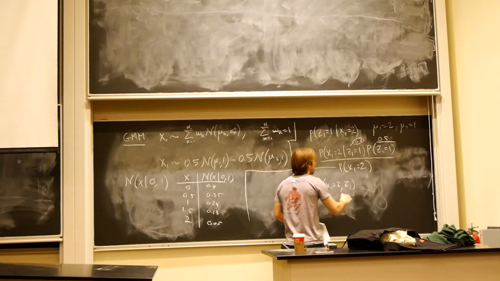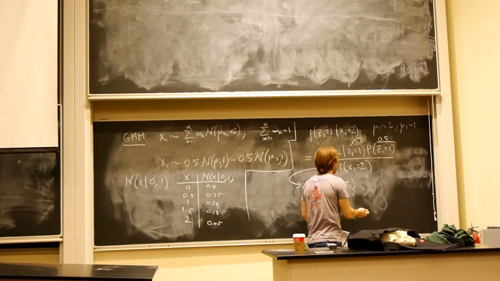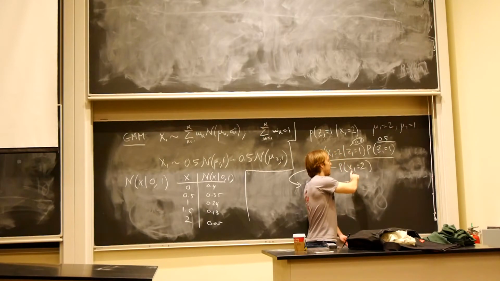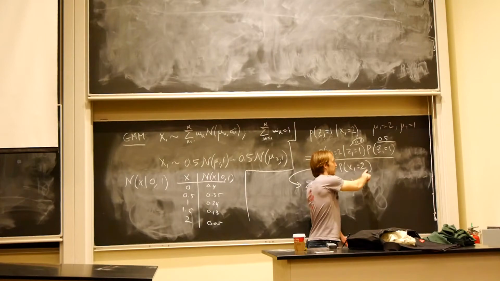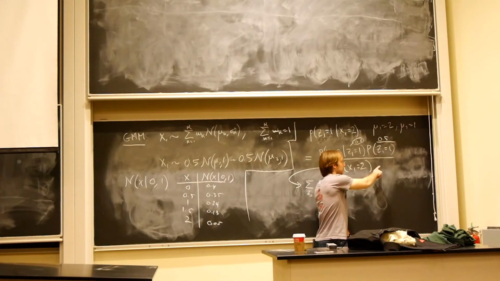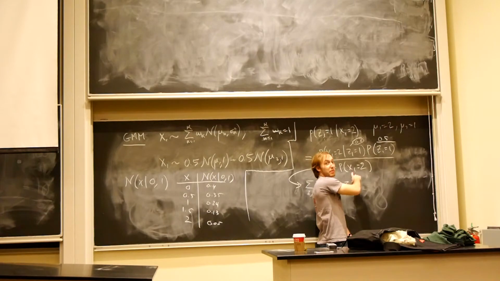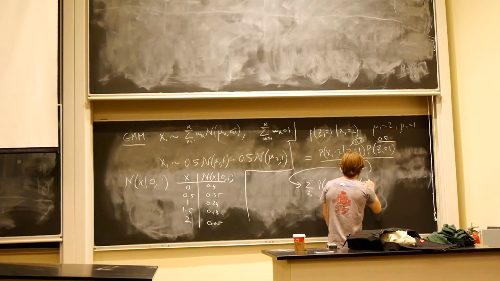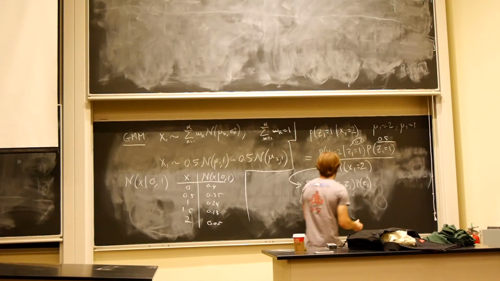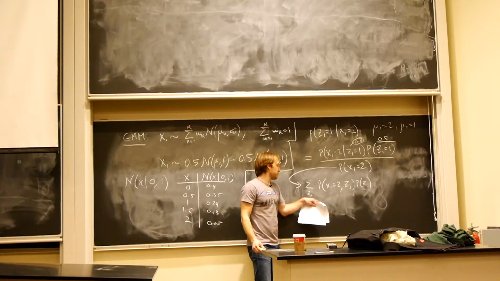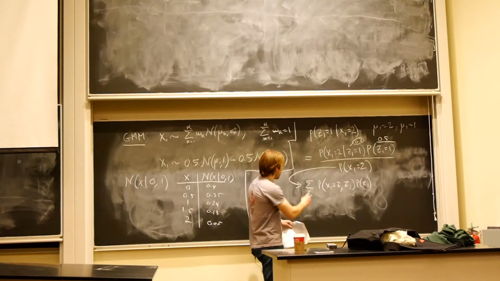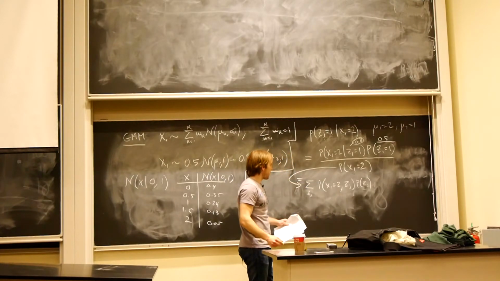Essentially, it's the probability that x1 equals 2 given the first component times the probability of the first component, plus the probability that x1 equals 2 given the second component times the probability of the second component. We're just marginalizing out the latent variables here.